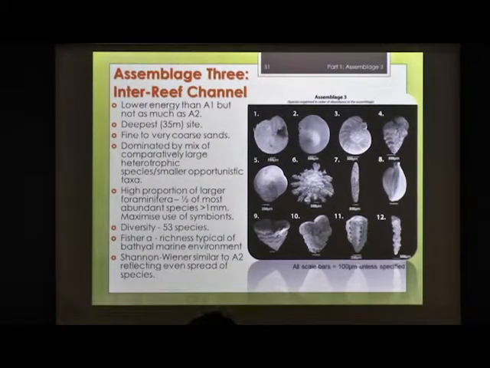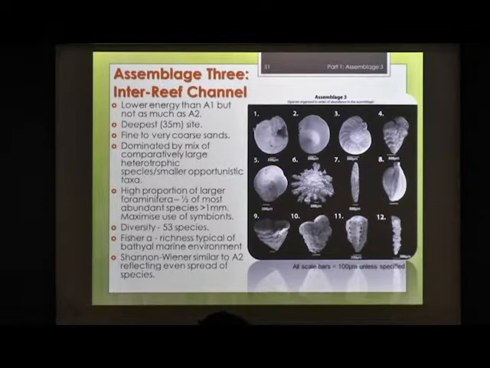Finally, that one interreef channel had a completely different suite of foraminifera once again, lower energy than assemblage 1, but not as much as assemblage 2. It was deeper, a broader range of sands dominated by large heterotrophic species and small opportunistic species, a high proportion of big forams, larger benthic foraminifera.